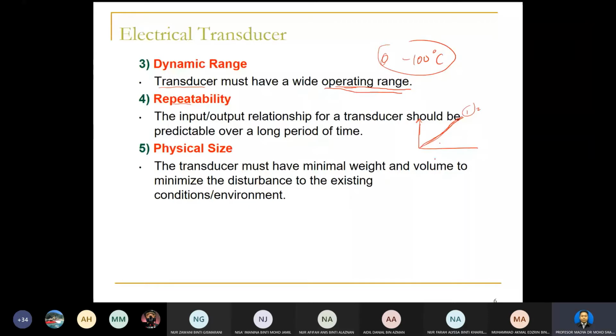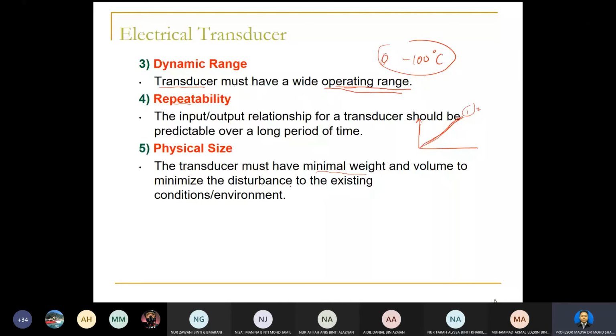And last parameter for the electrical transducer is the physical size. The transducer must have minimal weight and volume to minimize the disturbance to the existing condition and environment. That's why mostly the electrical sensors are very small, to reduce weight and minimize disturbance that could affect our system.